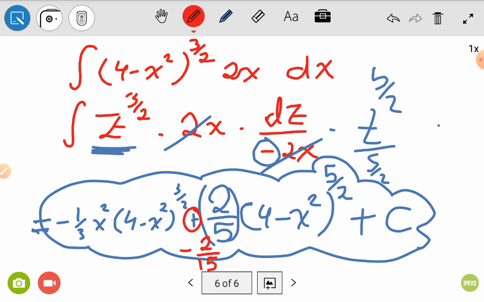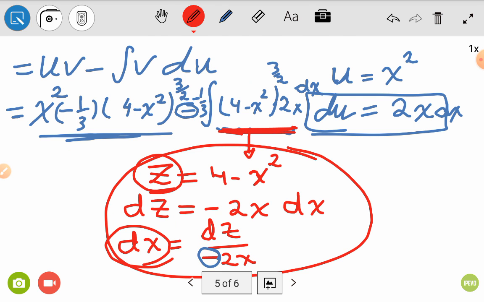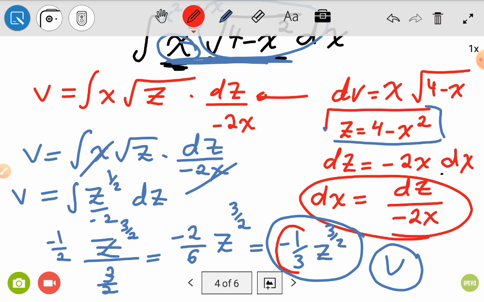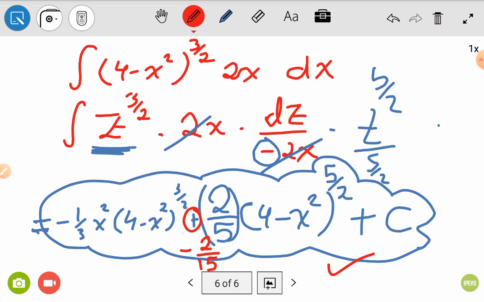Sorry for this mistake, but the answer is all correct except this part, because don't forget that this v includes negative 1/3. So the final answer is negative 2/15, since the v is negative 1/3.